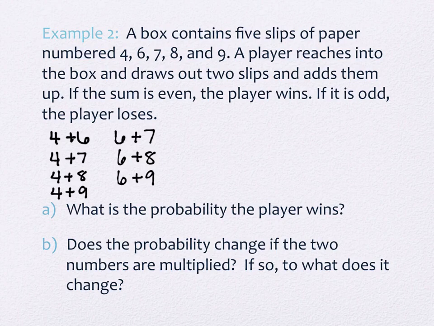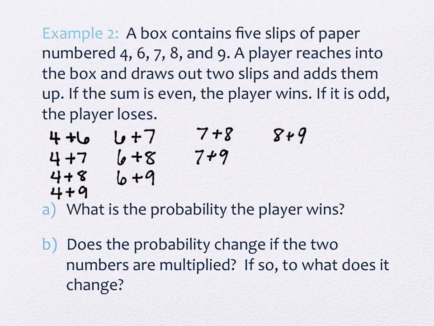So this is now all the possibilities of drawing 4s and 6s and combining them with things. So maybe I don't. Maybe I draw a 7 and an 8, or a 7 and a 9, or an 8 and a 9. So they're not in branches, but I'm still listing out all the possibilities. Does that make sense?